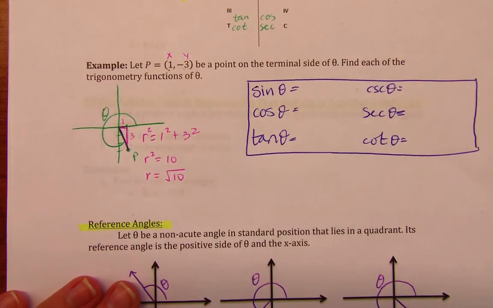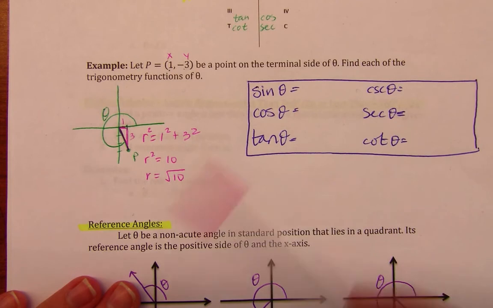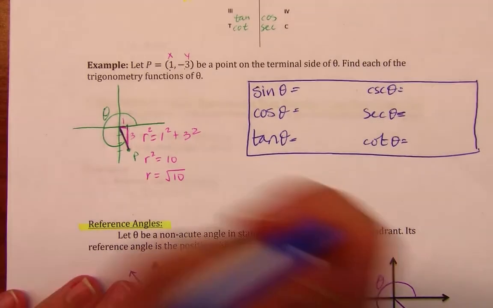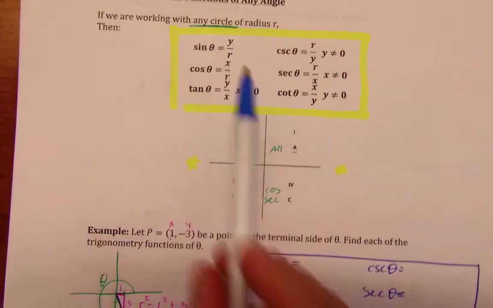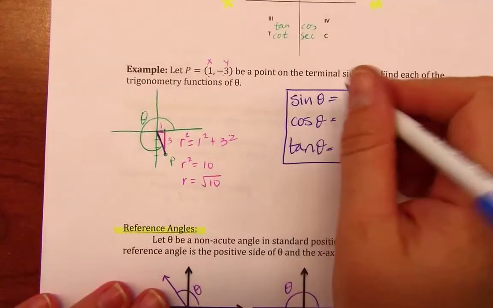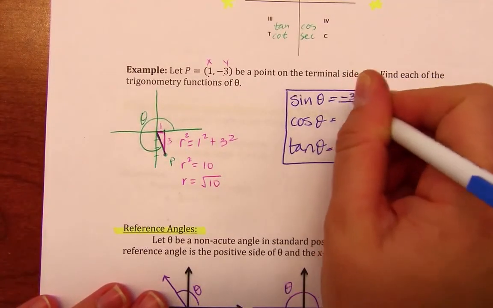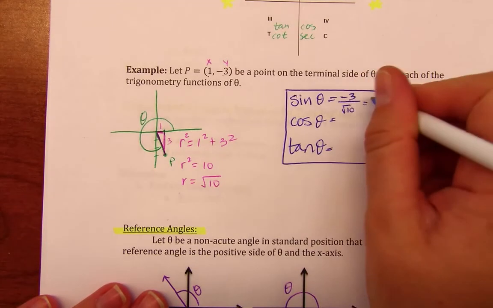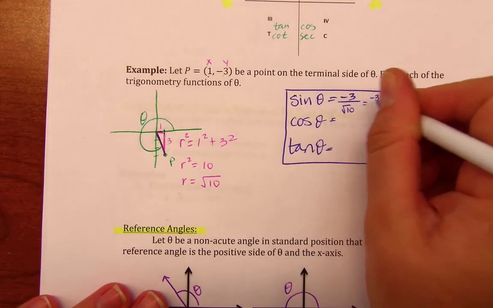And so what we can do now is evaluate all of those using what we have above. So sine of theta is going to be y over r. So our y value is -3 over square root of 10, which if we rationalize is going to give us -3 root 10 over 10.